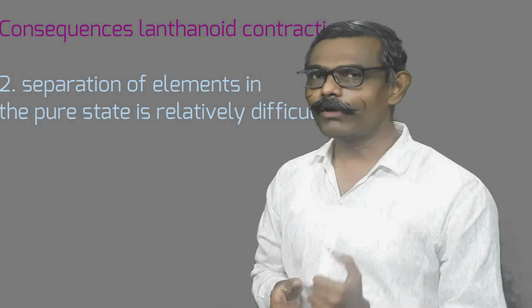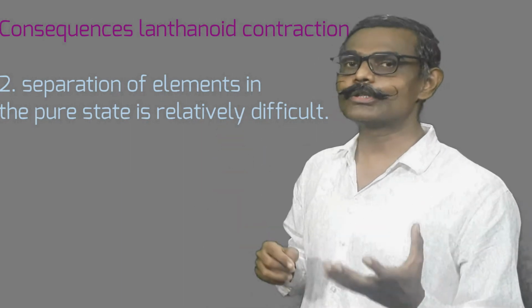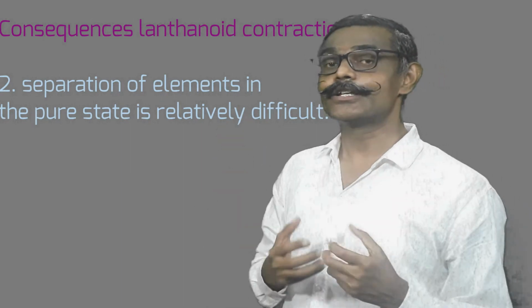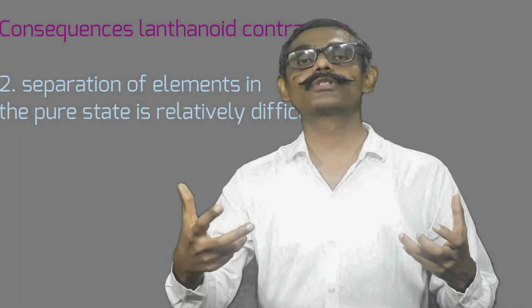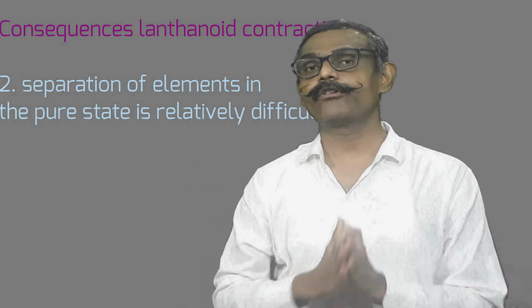I used one word for zirconium and hafnium, they are called chemical twins. Such chemical twins are observed due to lanthanoid contraction.